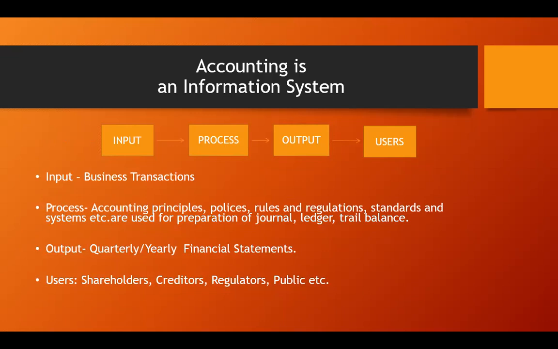This is the process. We get output in the form of profit and loss account and balance sheet. We call them quarterly financial statements or annual financial statements. And finally, we prepare these financial statements for the users. Users are the shareholders of the company, creditors, regulators, public, etc. This is the holistic approach to accounting. It starts with input and ends with the users.